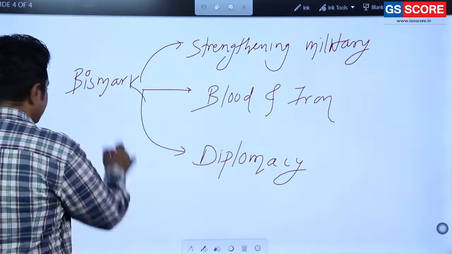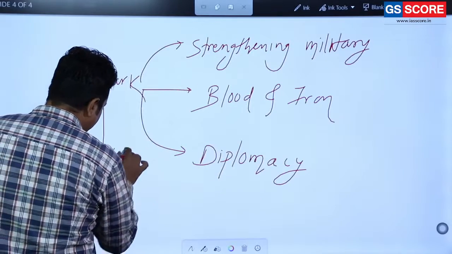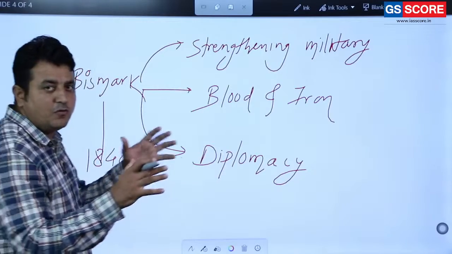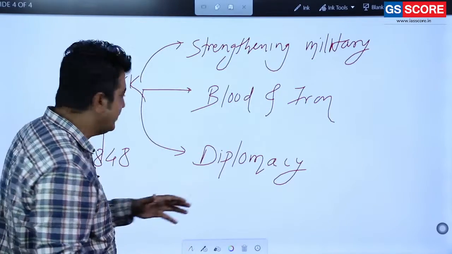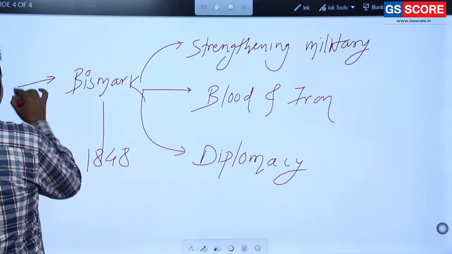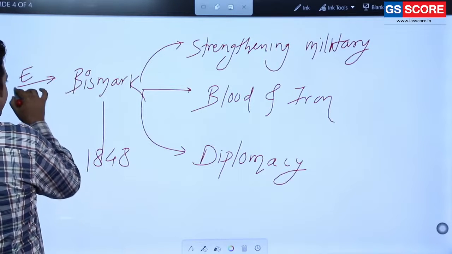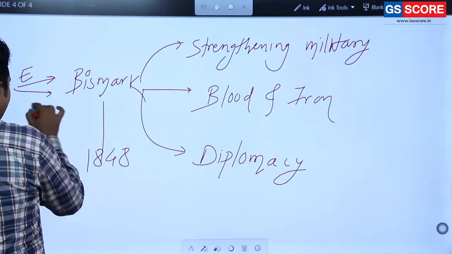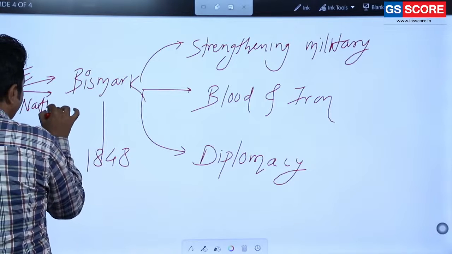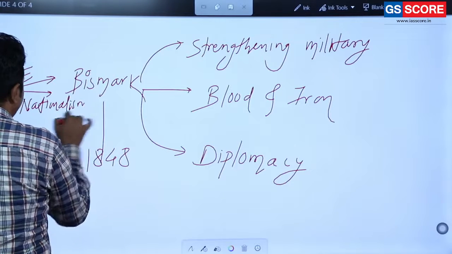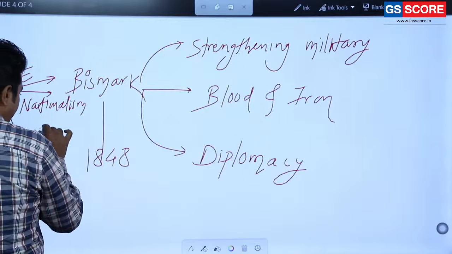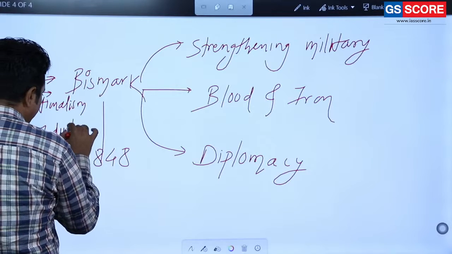And why was this possible? Strengthening the military, policy of war, diplomacy, because in 1848 Prussia was a strong force, and the German-speaking area was supported by strong economic unification. Nationalism was also there. Industrialization was also there.